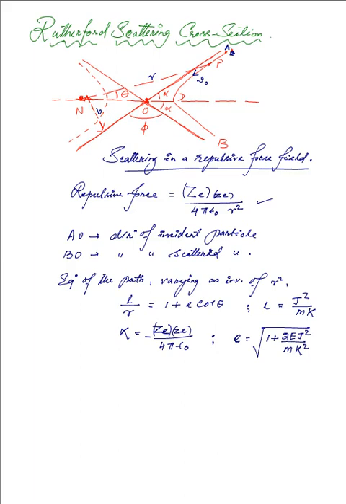So now the total energy, initially at least, is E, which is equal to half m v naught squared, m being the mass of the incident particle. So we have m v naught equal to root of 2mE.